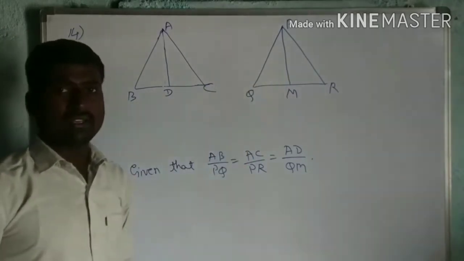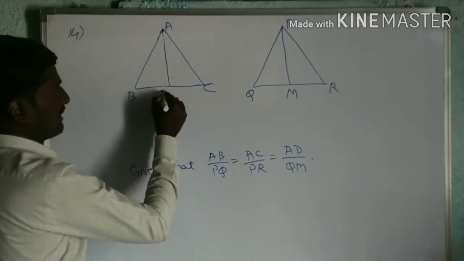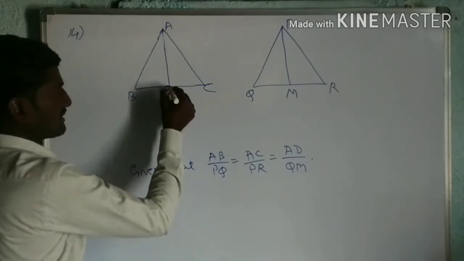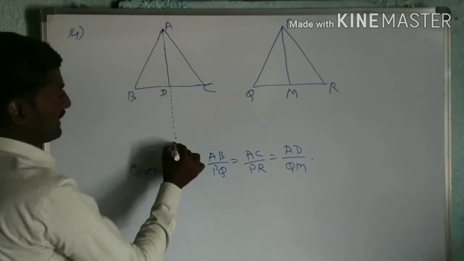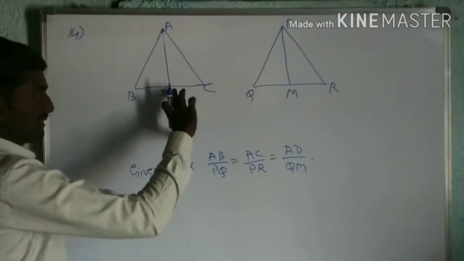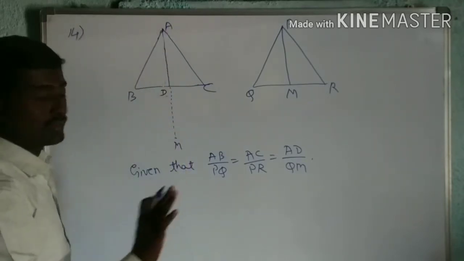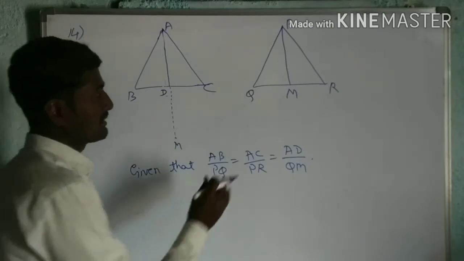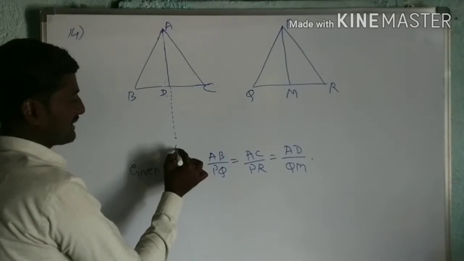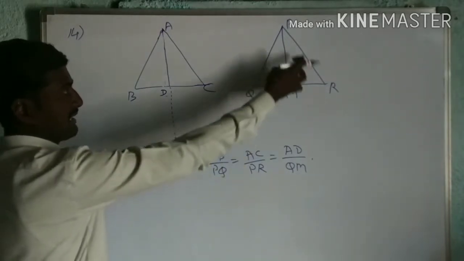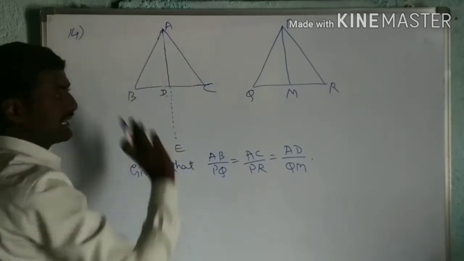Now, in these two triangles, I have to construct. AD is there, right? The same length I have to take as DM. So I have to draw a line DM such that DM is equal to AD. M is already written there, so in A, B, C, D, I'll take it as E. DE is equal to AD.